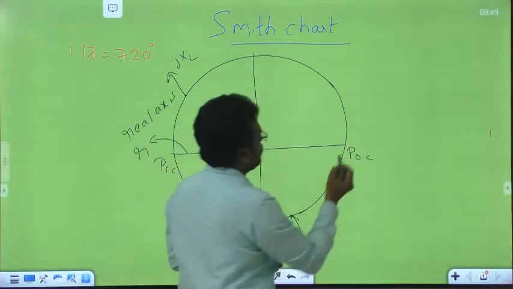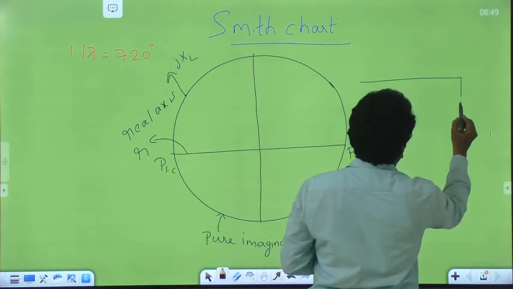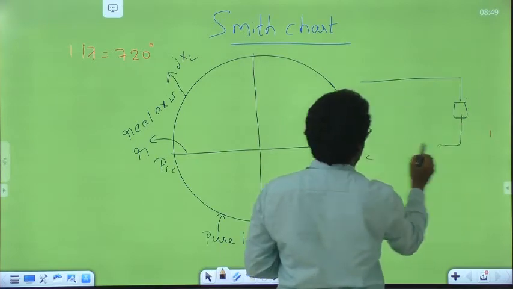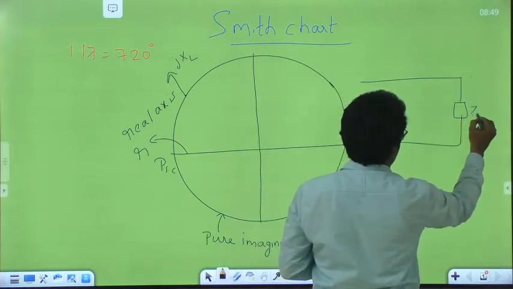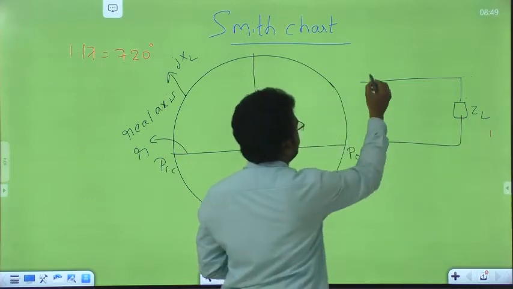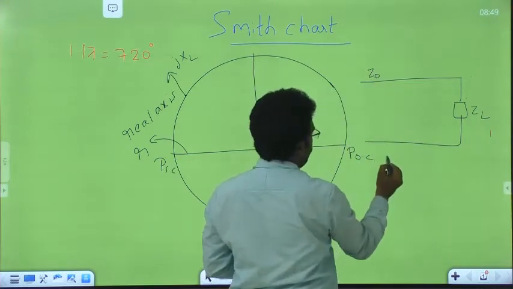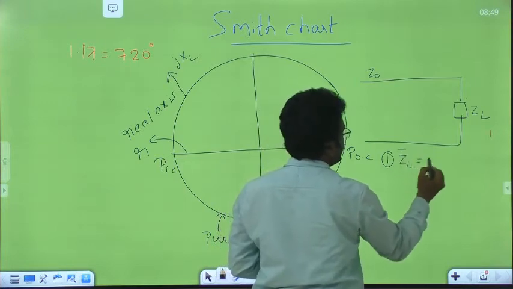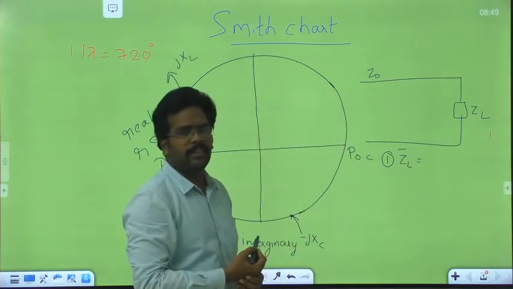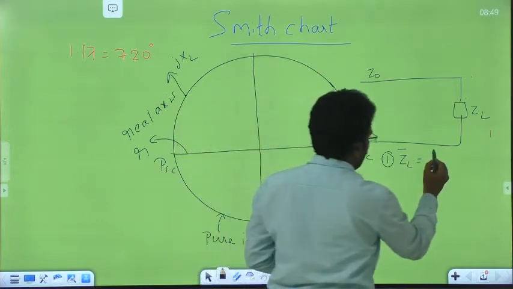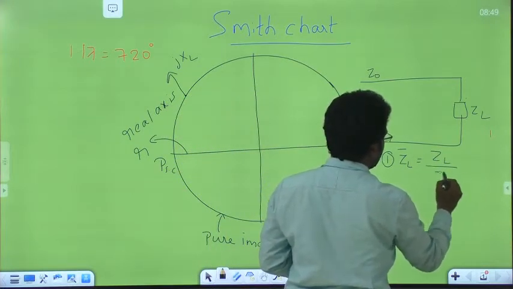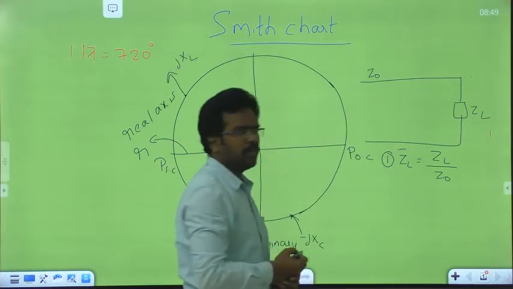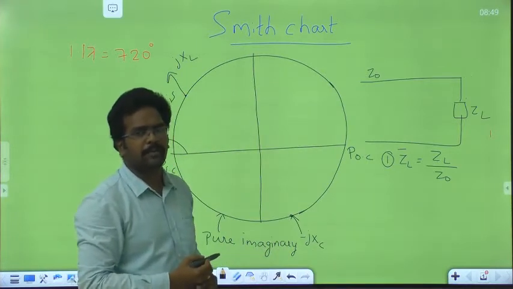Okay, what is our objective? Our objective is to find out the impedance at any point on the line. So first step, what do we have to do? We have to find the normalized load impedance. ZL bar is called the normalized load impedance. Dividing the impedance by the characteristic impedance gives the normalized value.